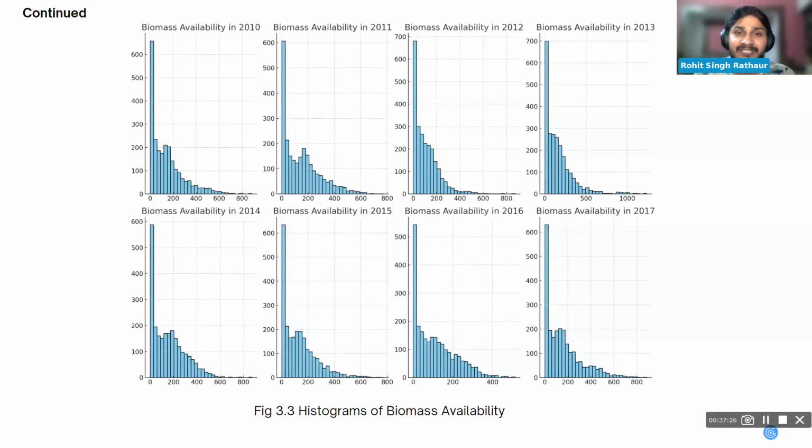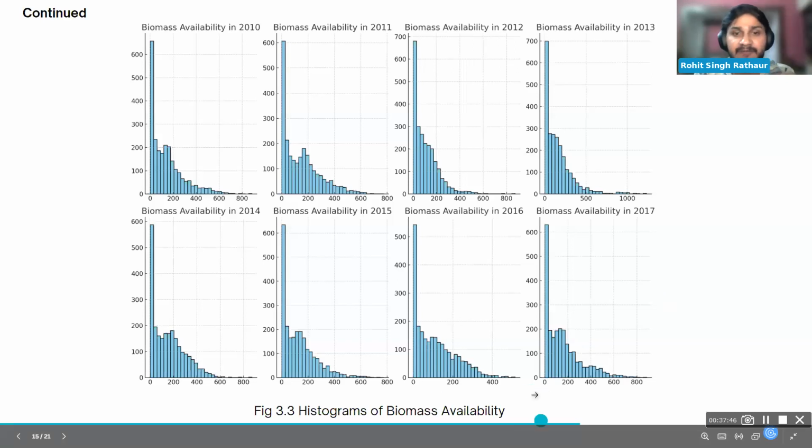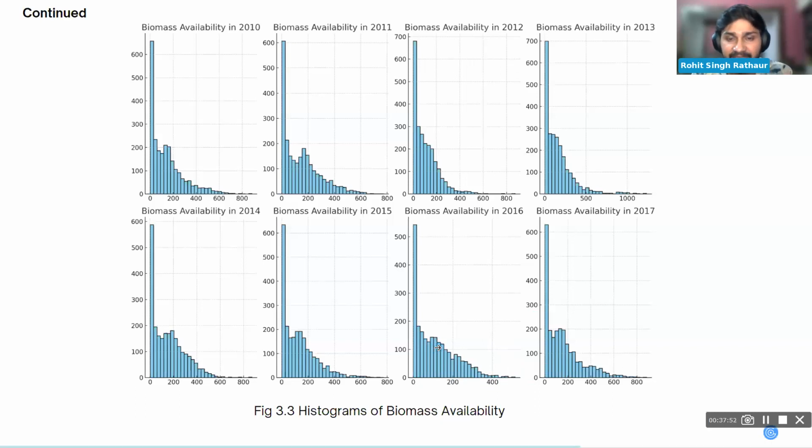And then I also represented the heat map, and then I also represented the time series plots for selected locations, and then further I represented the spatial heat maps. So I will describe all these visualizations one by one. So firstly, I will talk about these histograms of biomass availability.